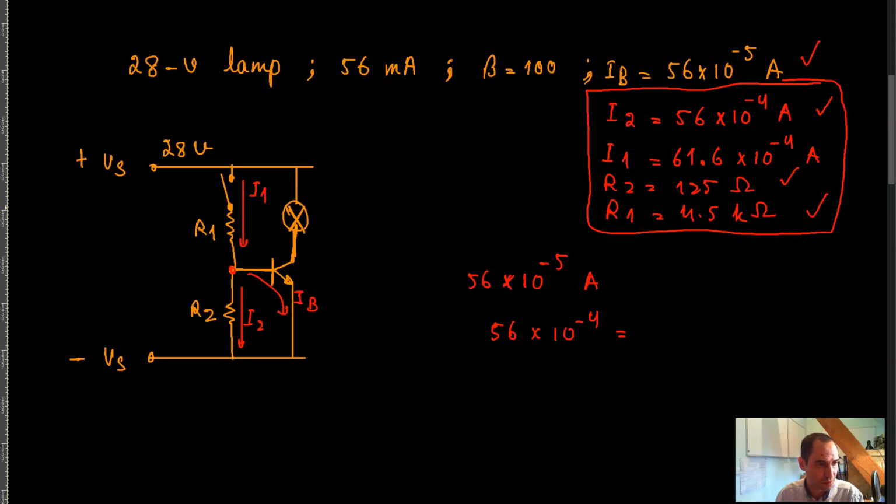So that's basically that. The previous time that I tried to solve this circuit, for this resistor R1, I got the value of 450 ohms, which didn't seem right to me. It's based on experience.